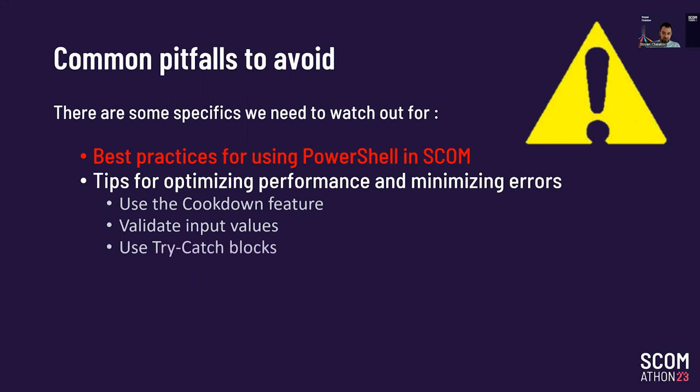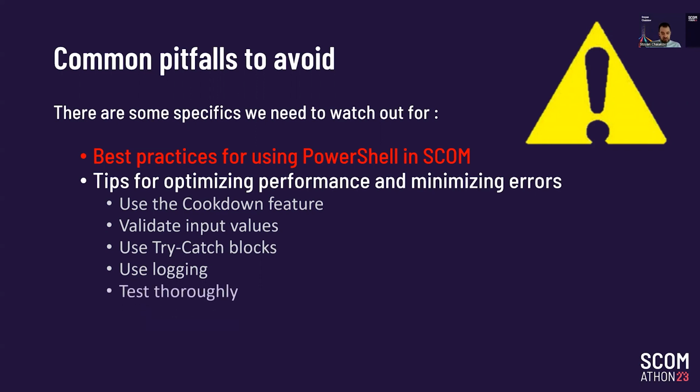Try to use try and catch blocks. This will allow the script to continue running even if it encountered an error. Use logging in order to keep track of script execution and potential errors. This can help you identify issues early on and provide you a record of what occurred.